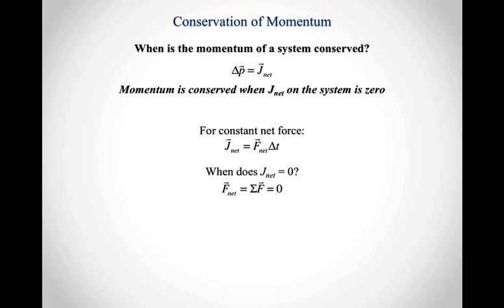I have to have a delta t that's not zero, right? If I have a delta t that's zero, that means I only have one instant in time, and there's no point in talking about conservation. So to talk about conservation, I need a different point in time. I need to be able to talk about a final point and an initial point, which means delta t can't be zero, but I also know that it has to be positive.